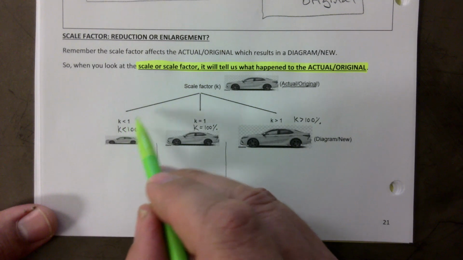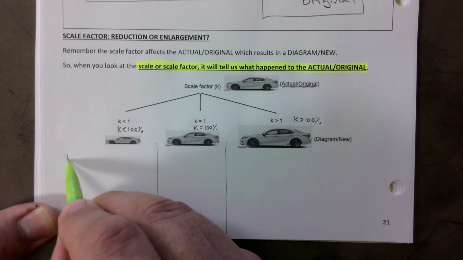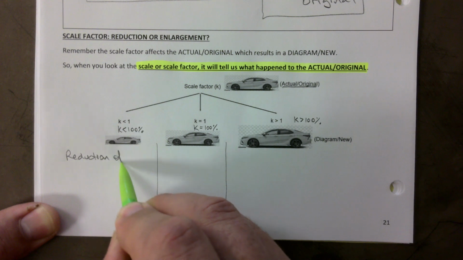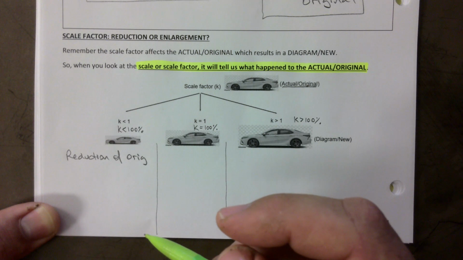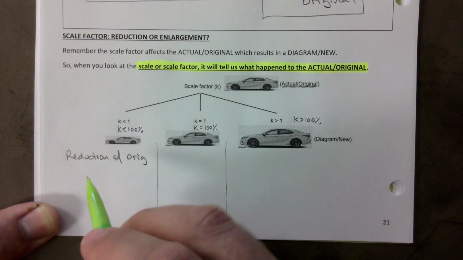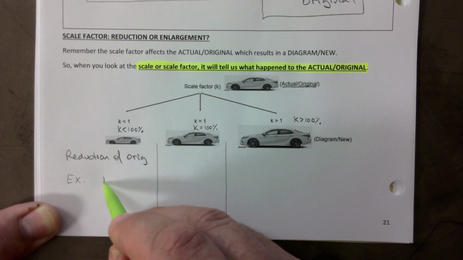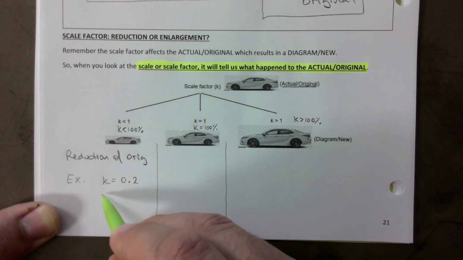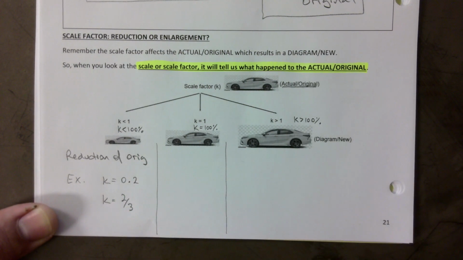So if you calculate K and it's less than 1 or 100, obviously there's a reduction of original. Okay. So examples could be you do some math or calculation, K is equal to 0.2, or K is equal to 2/3, that is less than 1.